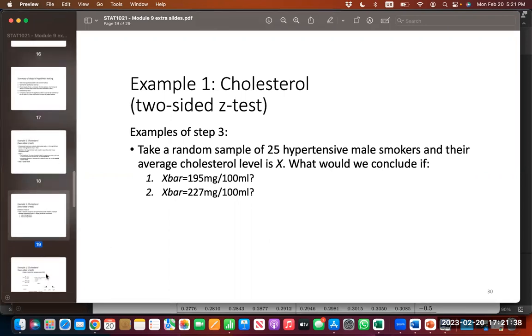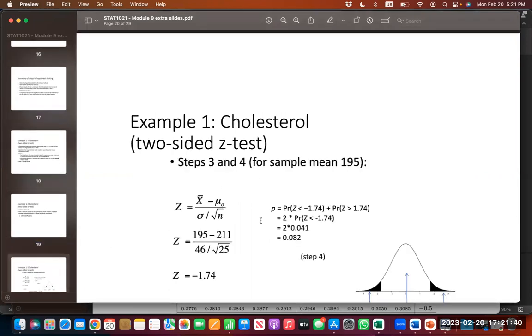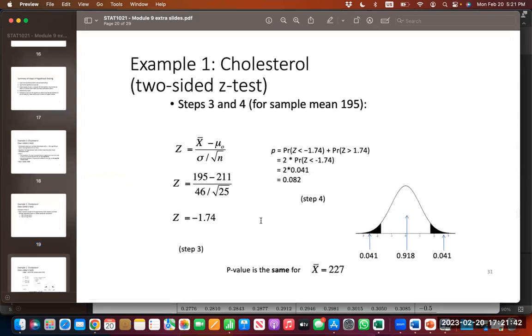Now we want to calculate this for our first sample, which has a cholesterol of 195. This is a nice example because it outlines, in conjunction with an actual graphical depiction, the sampling distribution of the mean.